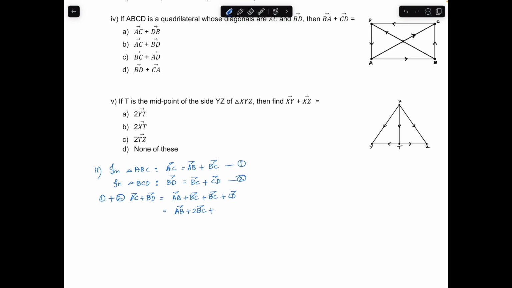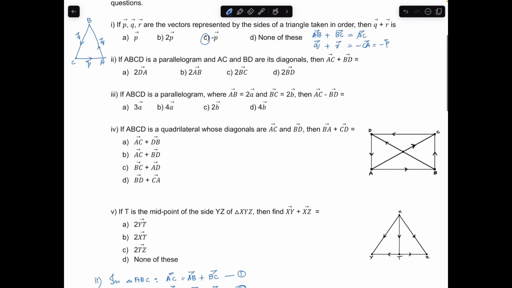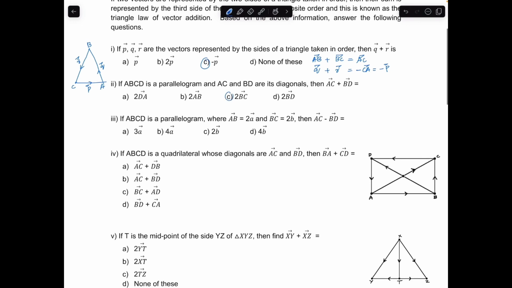CD has the same magnitude as AB, but just the direction is different. So let's write this as minus AB. So we get the answer as 2 times BC vector. So the option is C.